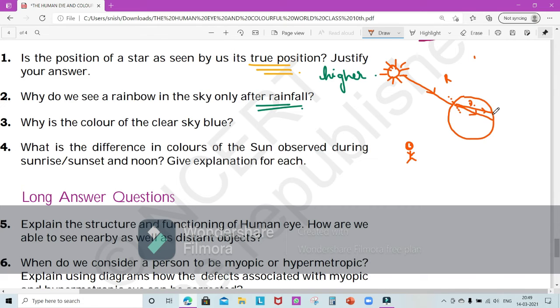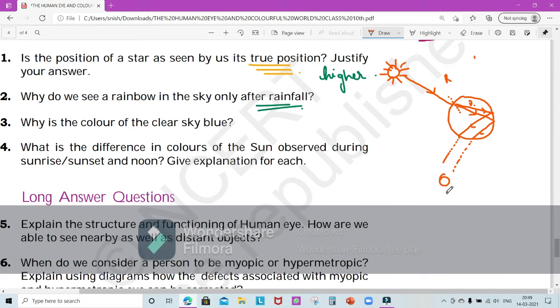Now it will again undergo TIR, and it should undergo here. Let's just shift this position. Now it's going to reach our eyes.